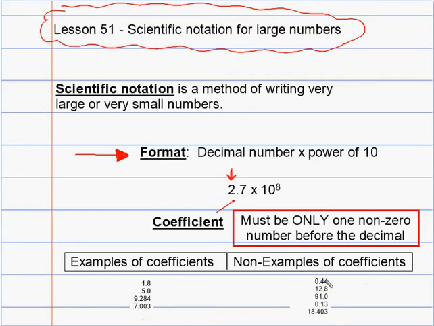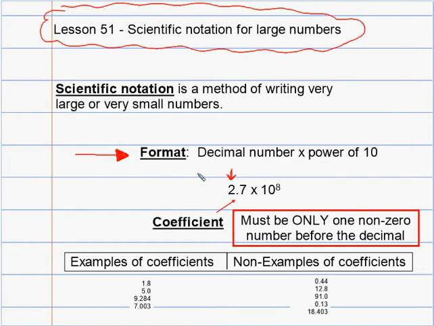Here are some non-examples of coefficients: 0.44, 12.8, 91.0, 0.13, 18.403. Notice that the reason they are not coefficients for scientific notation is that in the ones where there's 0 point, that's a 0 in front of the decimal, and the other ones have more than one digit in front of the decimal.